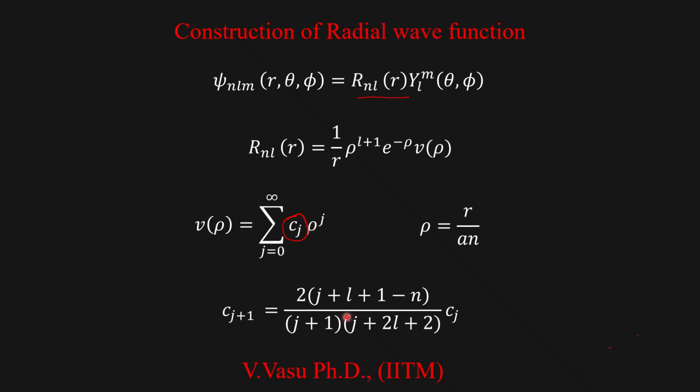So first you calculate this, then you find the summation over all the coefficients. Of course, you know rho here also, so you can substitute it and calculate. Here we will see three examples of how to calculate the radial part of the wave function.